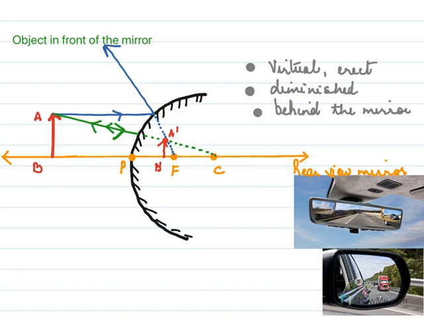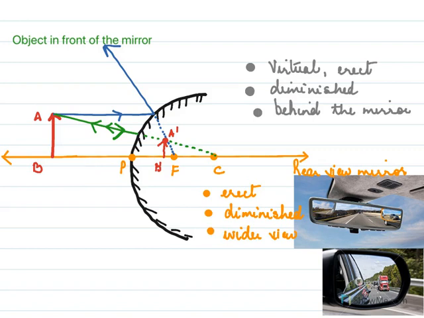Like in this picture you can see, when you look in the rear view mirror, everything looks smaller. So there's a wider view. The driver gets a wider view of the traffic behind him. So why are convex mirrors used as rear view mirrors? Number one, they always give an erect, diminished image, and the driver then gets a wider view of the traffic behind him.